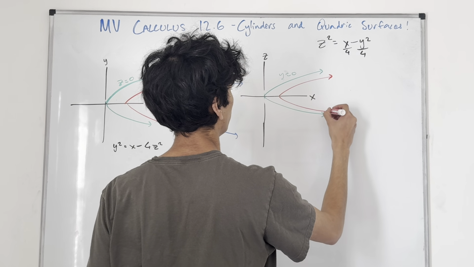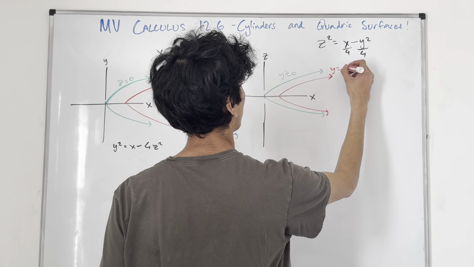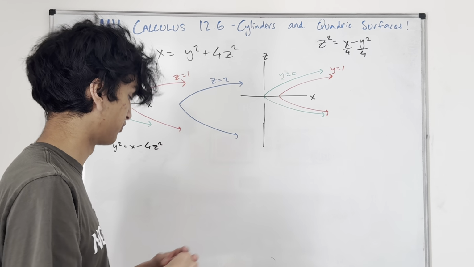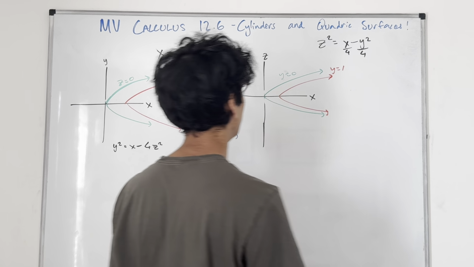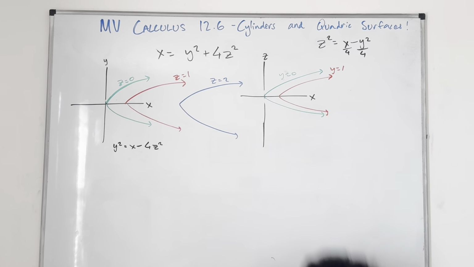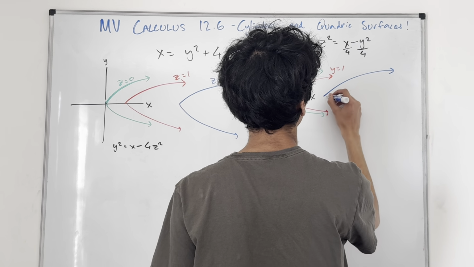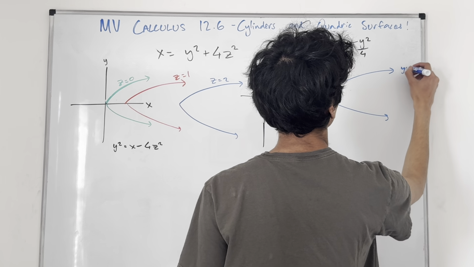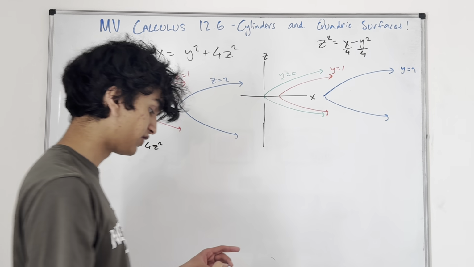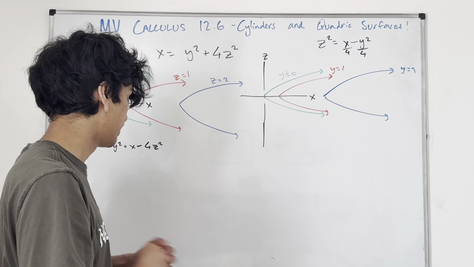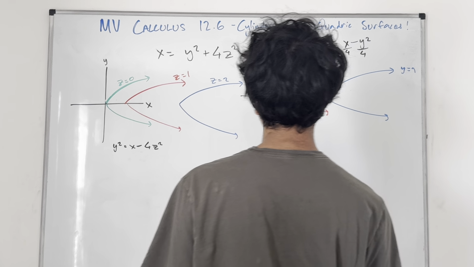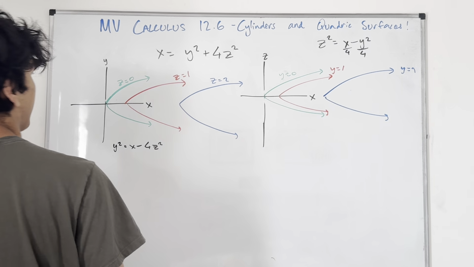It doesn't matter exactly where, because we're not plotting this point for point, we're just trying to get an idea of the shape. And now this is going to shift even further for y equals 2, because the shift term is squared by y.